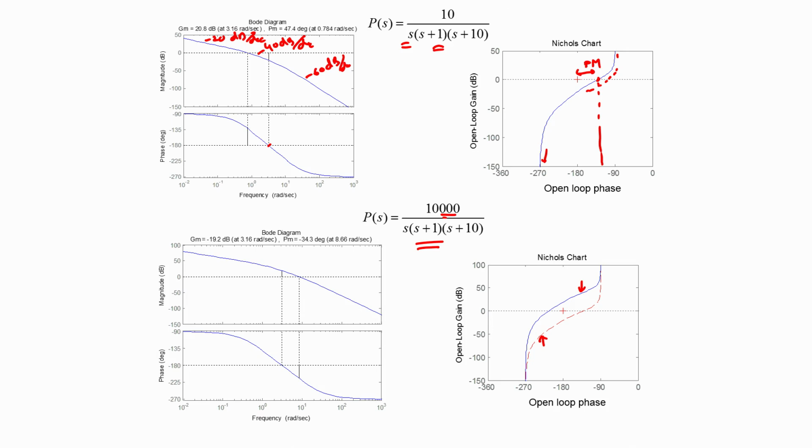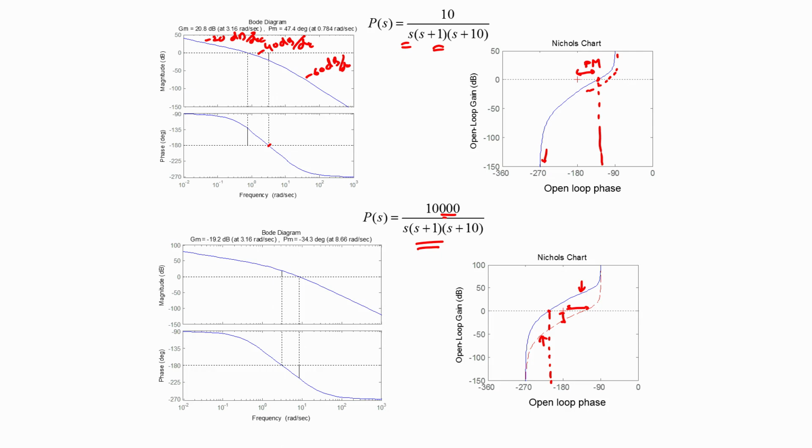We note that in the first case we had a positive phase margin and we had a positive gain margin. However, when the gain of the open loop system is increased by a factor of 10 to the power 3, we note that at the frequency at which the gain crosses over, namely when the gain becomes equal to 0 dB, the phase lag is larger than 180 degrees, and hence the phase margin is essentially negative, and so is the gain margin negative.